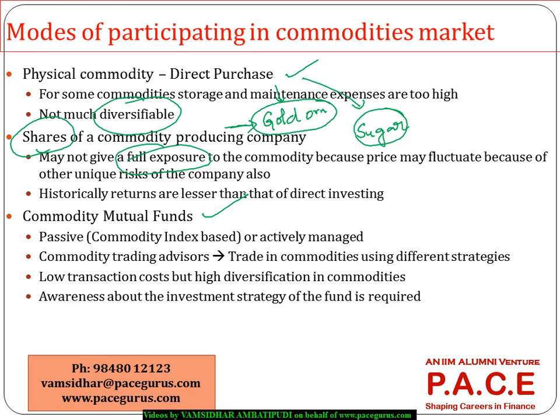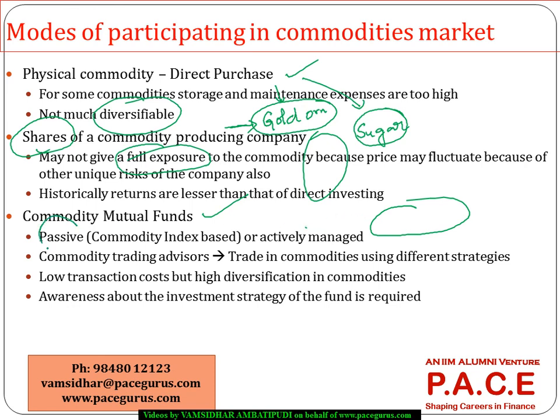Now the third mode which participants can get into a commodities market is by buying some commodity based mutual funds. So instead of buying shares of one company which is dealing in commodities, we are trying to invest in shares of multiple companies which are dealing with commodities. So it's more of a diversification kind of a mechanism.